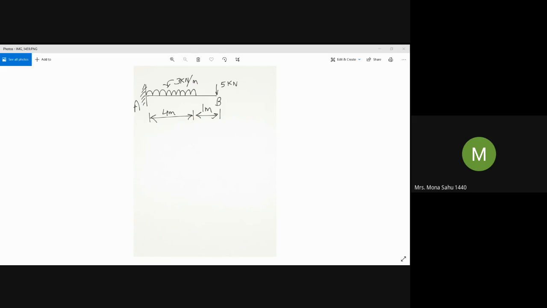Okay, so the first step is you need to find out the reaction force. So you have a reaction force here. What will be the reaction force? Minus 5 minus 3 into 4, so 12 plus 5.